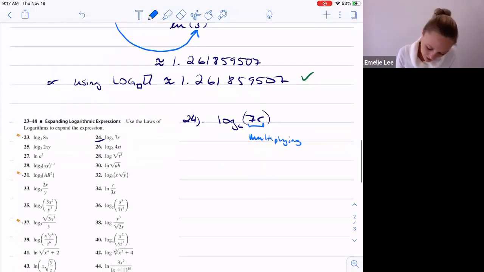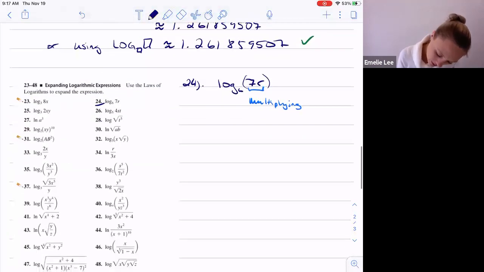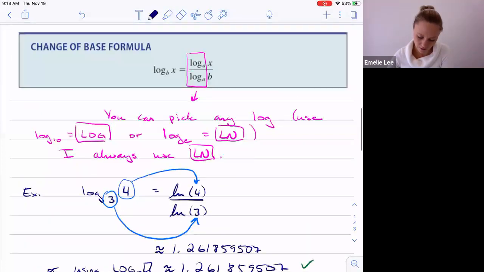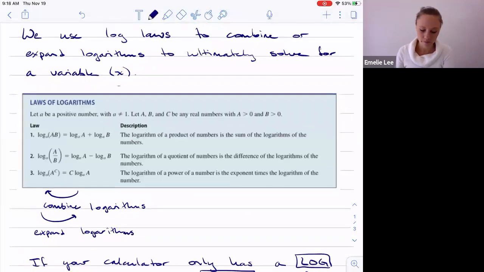And so if I need to expand this thing, then this becomes the log base 6 of 7 plus the log base 6 of r, right? From those log laws that we copied in earlier, A is 7, B is r, and so now I can expand this, keeping the log base the same, right? That's important. And you can only combine them if you have the same base.